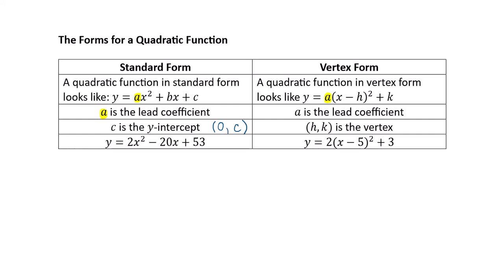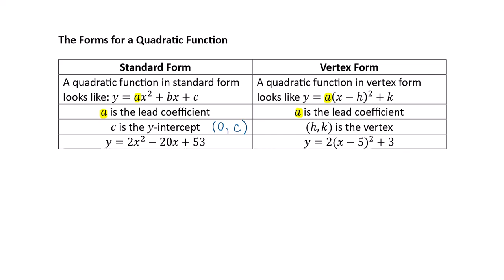So a is still the lead coefficient. If we would square that out and go ahead and distribute that a through, a would be the coefficient of x squared. So it'll have the same effect on the behavior, either opening up if it's positive or opening down if it's negative.